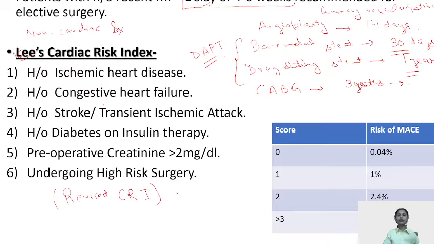Out of the 6, as the score increases, so does the risk of major adverse cardiac events keep on increasing. I repeat, the Lee's cardiac risk index is a clinical risk stratification for a patient who is undergoing a non-cardiac surgery, but the patient is itself a cardiac patient.